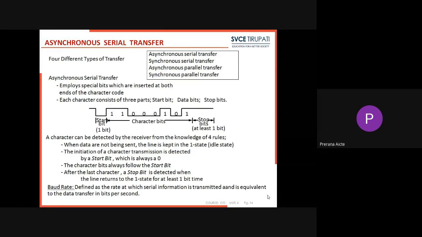The serial asynchronous data transmission technique used in interactive terminals employs special bits that are inserted at both ends of the character code. With this technique, each character consists of three parts: start bit, character bits, and stop bit.